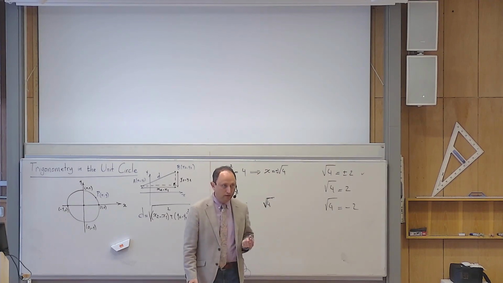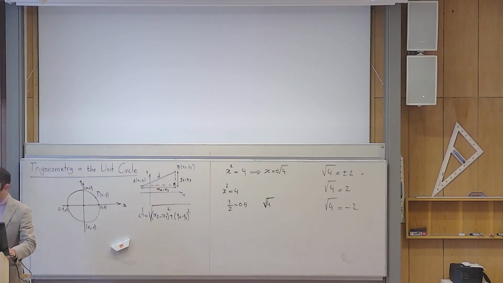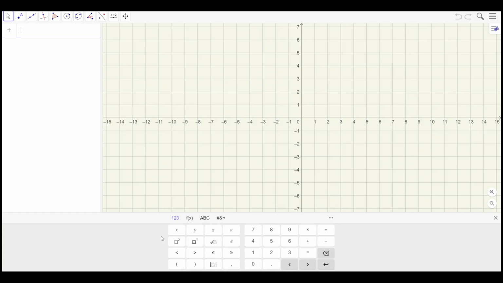Okay? Is that clear? So for example, let us try to learn GeoGebra right away. If I want to go to GeoGebra, you can use your calculator, by the way. I have this virtual keyboard, so I press it, and then I press 4 on it. Answer is 2. It doesn't matter how many times I type this, I will always get 2. So the square root of 4, by convention, is the positive one.